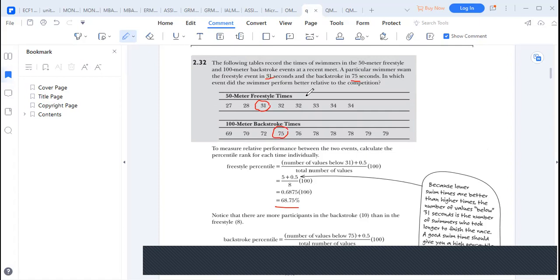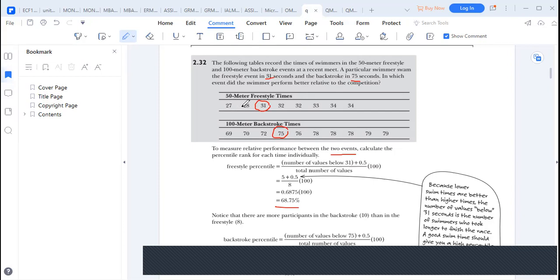Okay, so the question here is we are calculating the relative percentile between the two events combined. So we're combining the two events at each time individually. In this case, if we picked two, you can do them individually and you can do them combined.